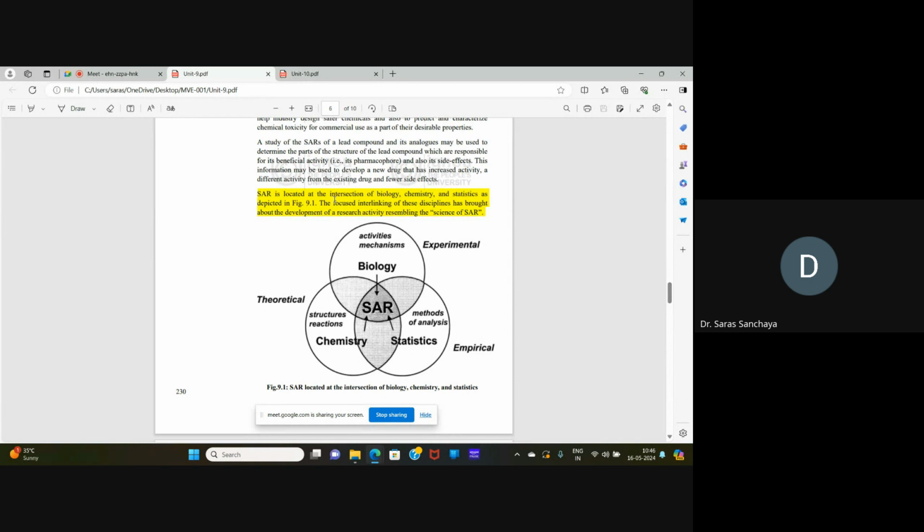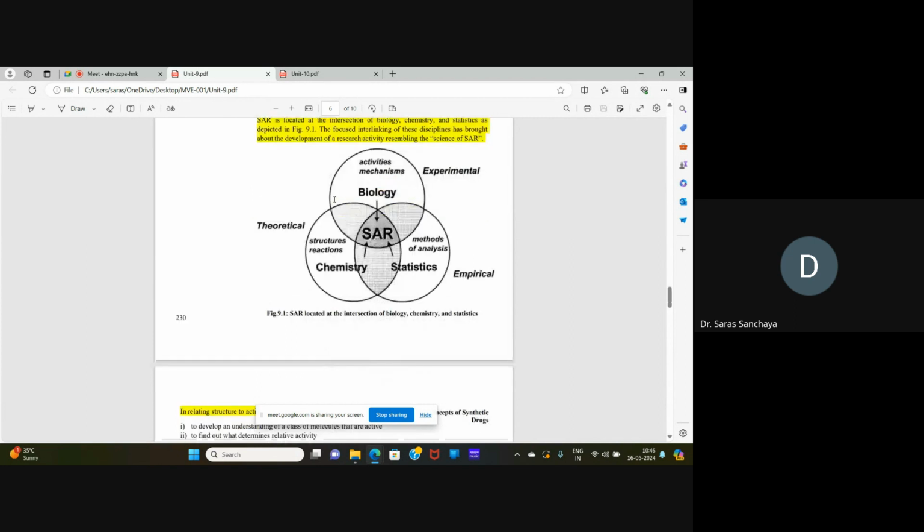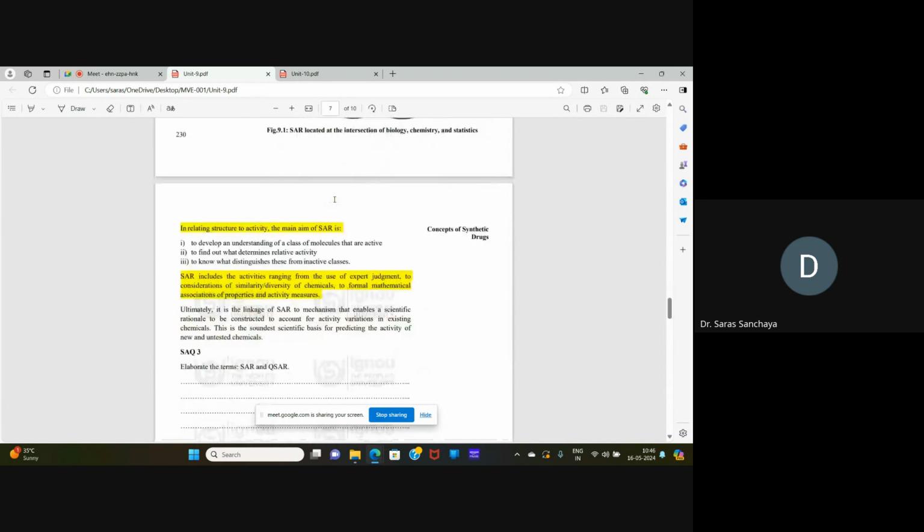So, it may be a combination of theoretical, experimental, and empirical chemistry. In relation of structure to activity, the main aim of SAR is to develop an understanding of a class of molecules that are active, to find out what determines relative activity, and to know what distinguishes these from inactive classes.